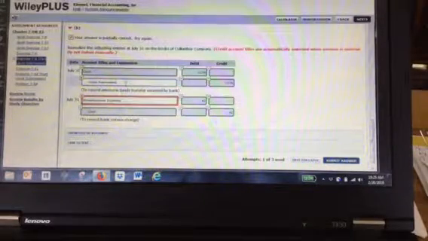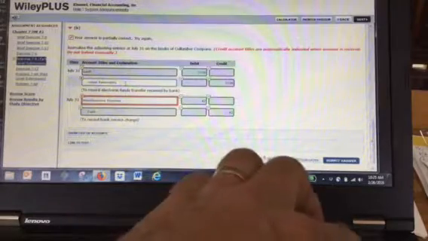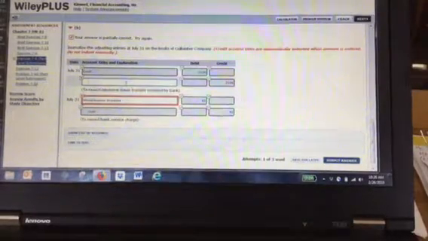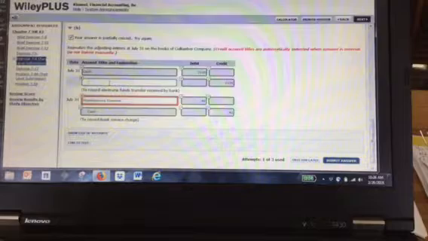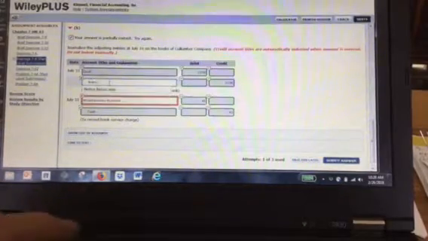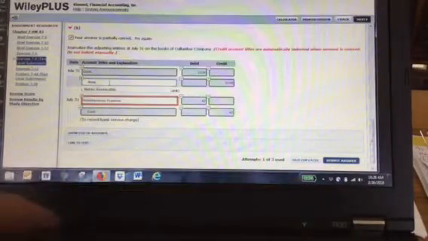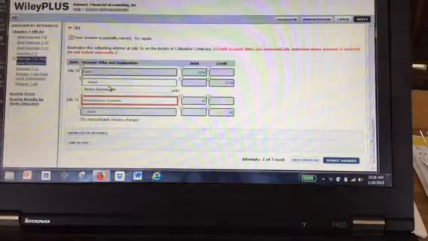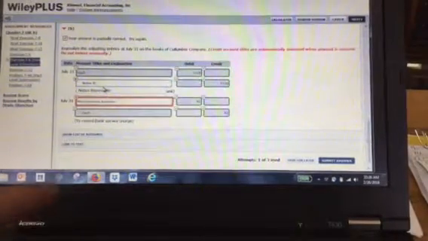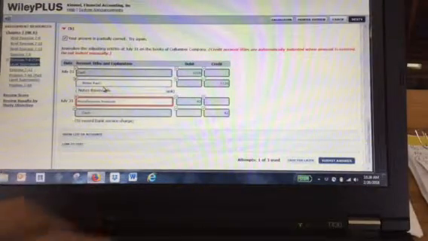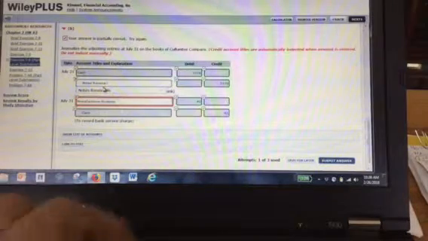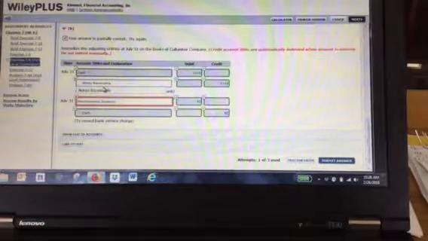Well, let's go back here, and again, my machine doesn't seem to be populating as it's supposed to be. So I have to type everything in correctly.